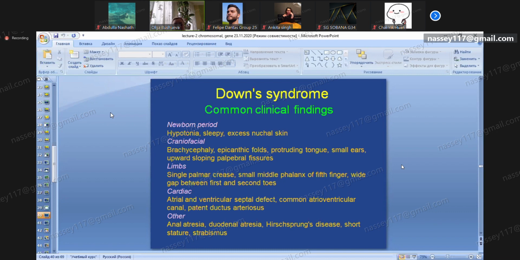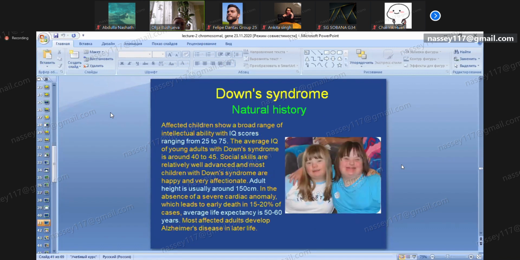Other abnormalities such as anal atresia, duodenal atresia, Hirschsprung disease, short stature, strabismus.